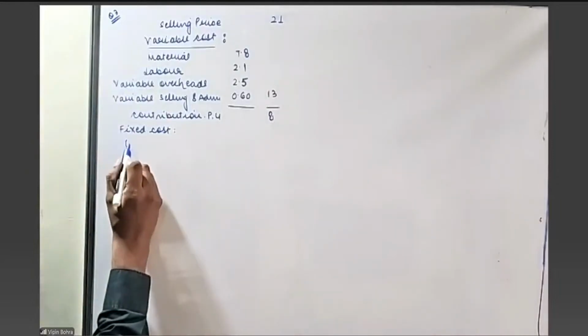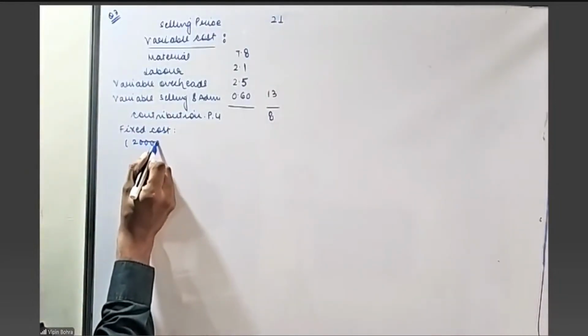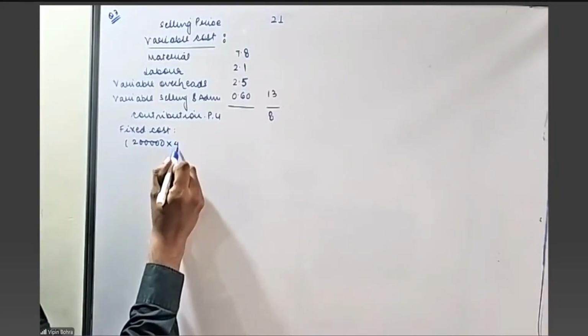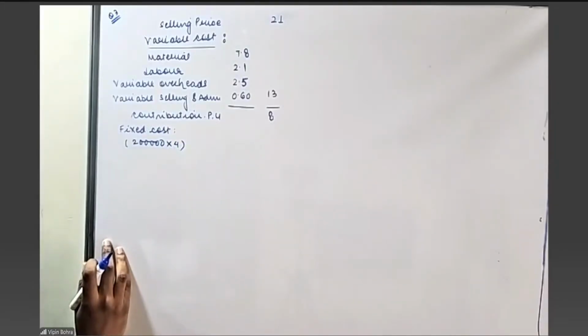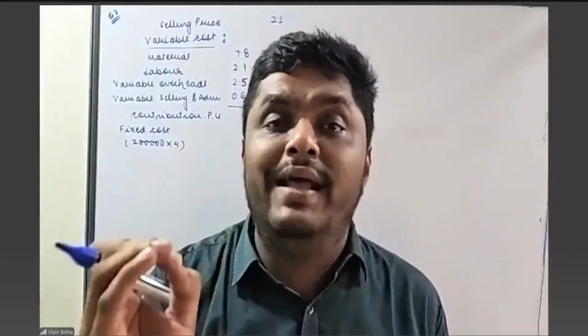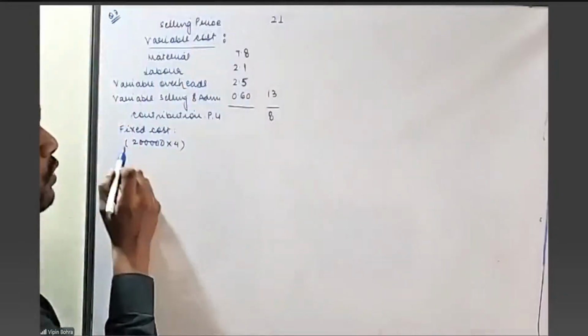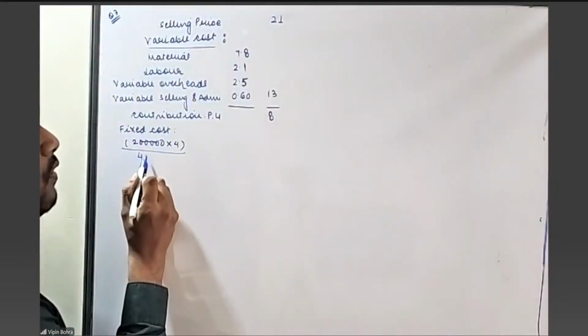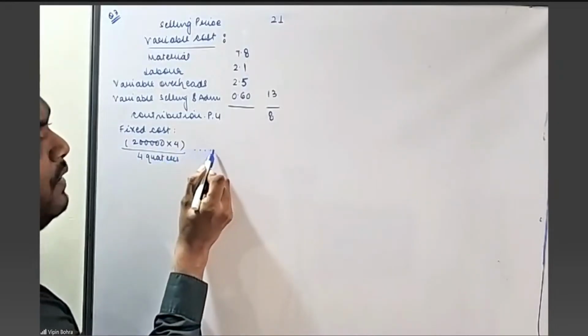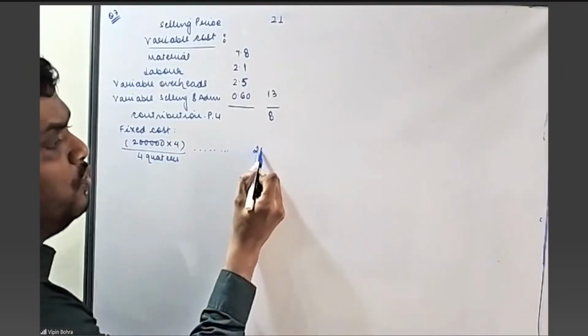The total overheads for the year is how much? 8 lakh. So for this quarter, how much will be the overhead? In a year there are total 4 quarters. So per quarter fixed cost will be how much? 2 lakh rupees.